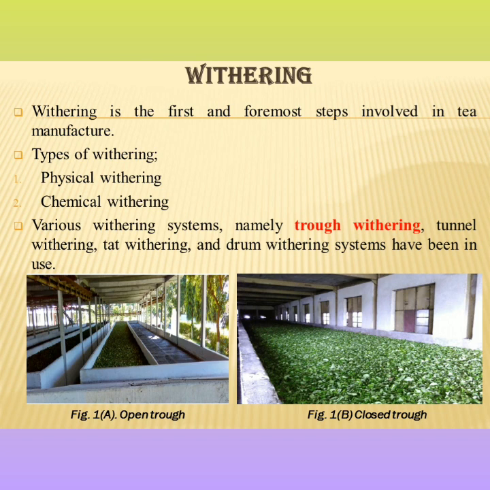This removal we have to do within this time period. It should not be early, and it should not be late, because if it is too early, then the chemical withering will not be fulfilled, and if it is too late, then there will be too much chemical withering, and we will lose the health-beneficial or qualitative agents of the tea leaves.